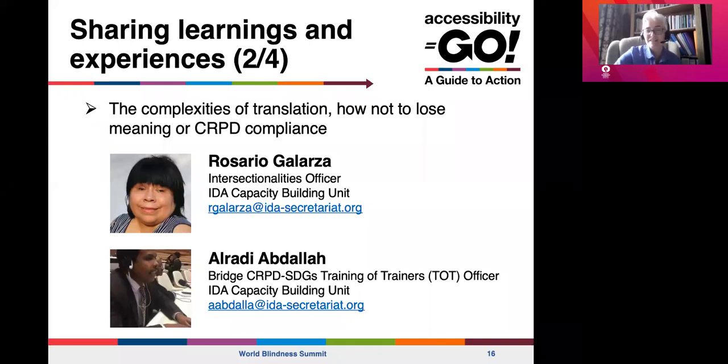So Rosario, just to pass to you quickly on how you see getting that balance right between rights-based and making sure it's still accessible and user-friendly for people.